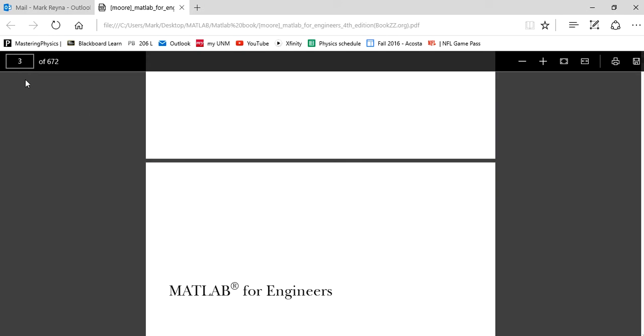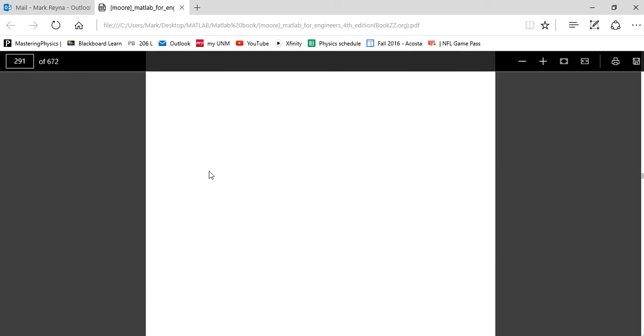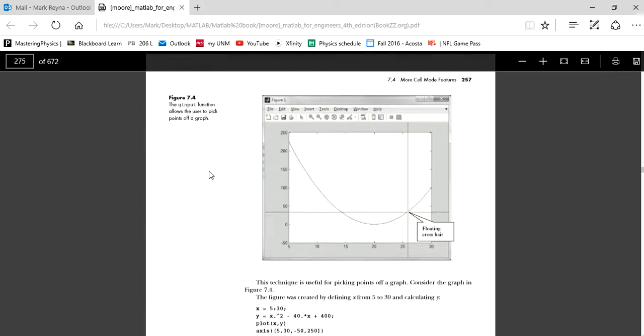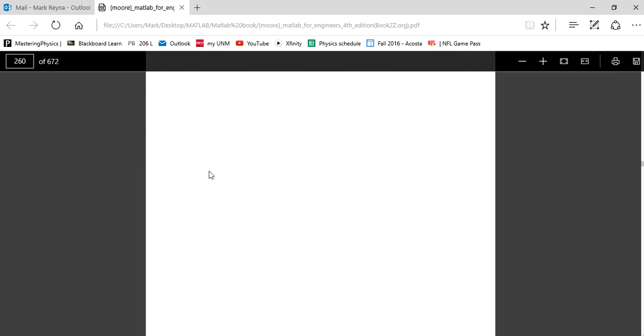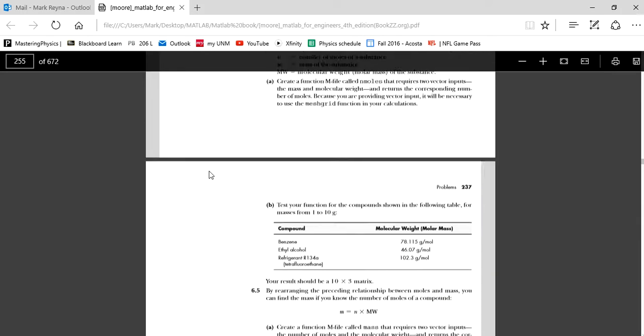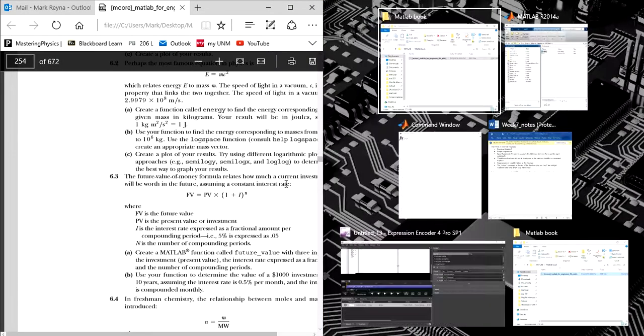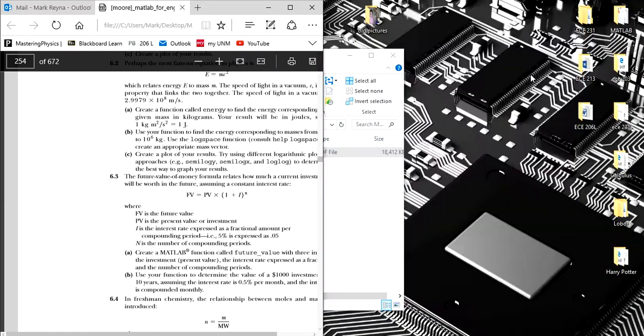I'm going to guess page 300-ish, chapter 8. It's not 300-ish. 250-ish? Yeah, 256. And we're going to do problem 6.3 and 6.4. So here's problem 6.